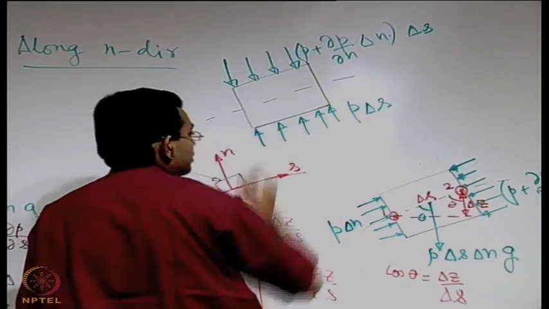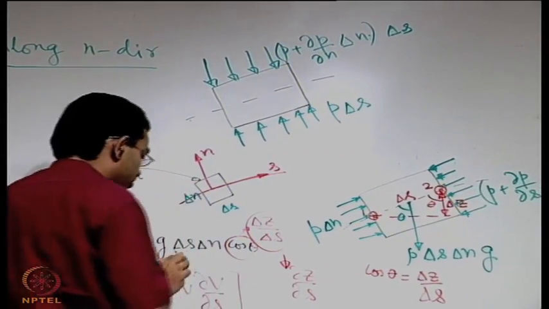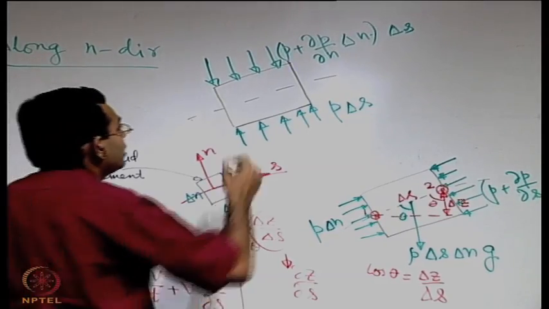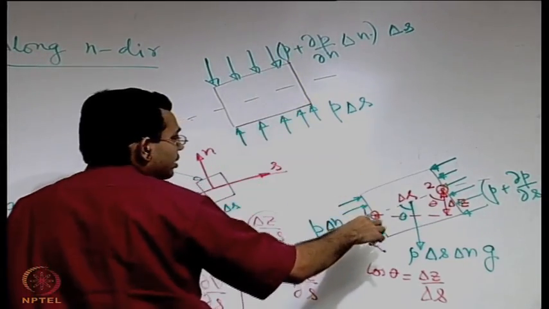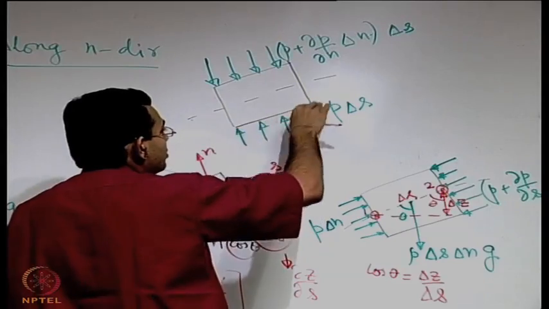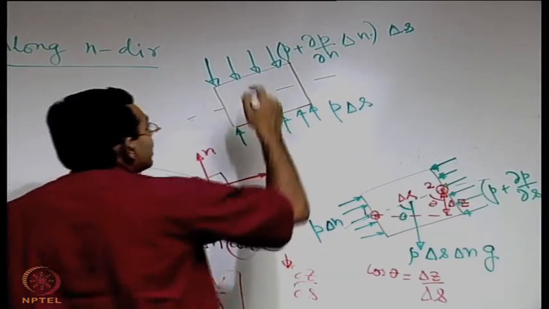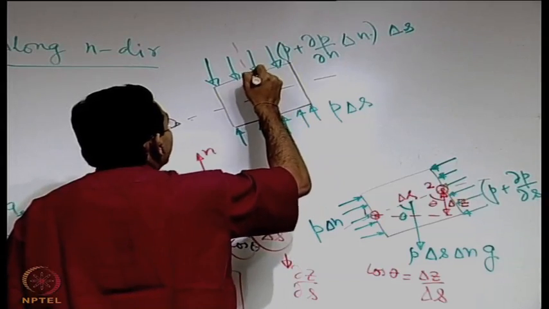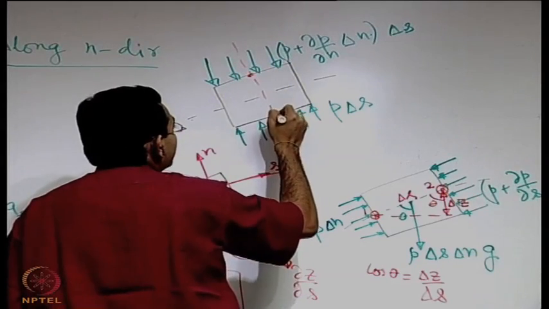Again this has its own weight, so one has to consider the weight of the fluid element, and when you consider the weight of the fluid element, now we are not bothered about the left and the right face, we are bothered about the bottom and the top face. And let us say again that the centers of these faces are located at a vertical elevation difference.